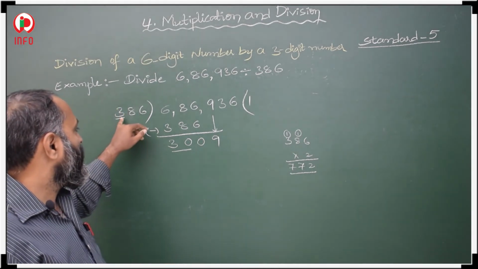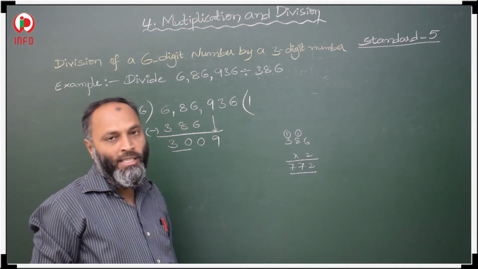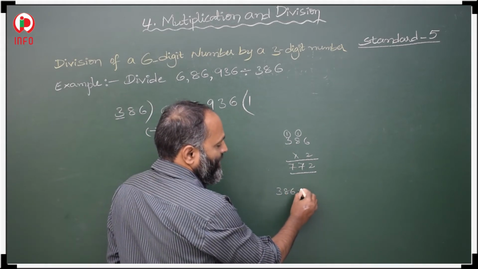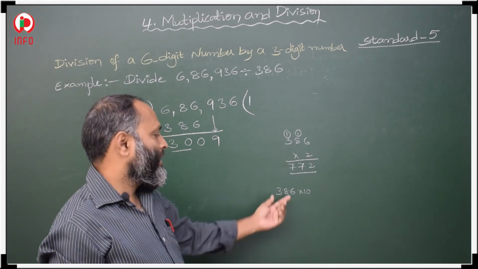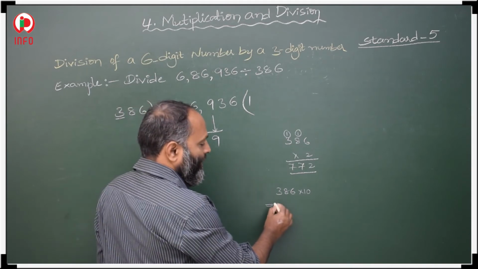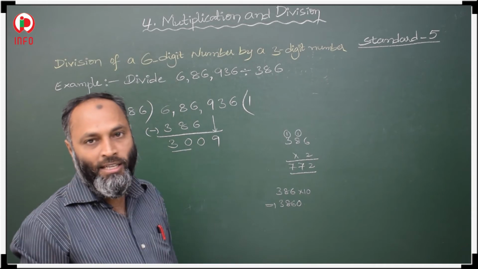So it means we have to take 386 tens. 386 if we multiply with 10, what is our answer? 3860.